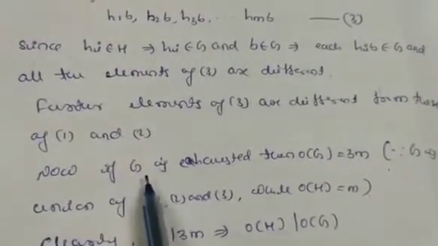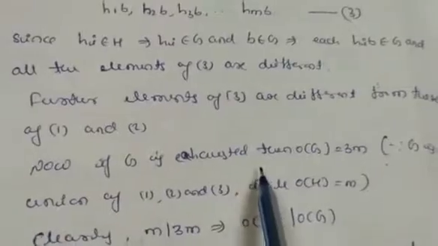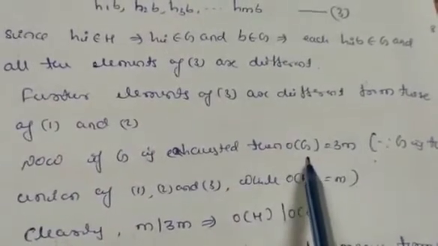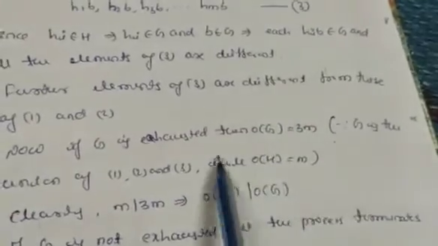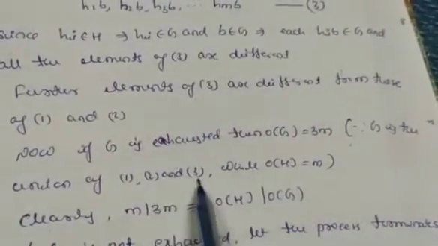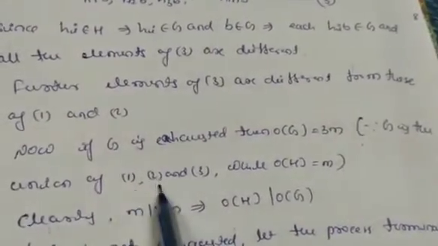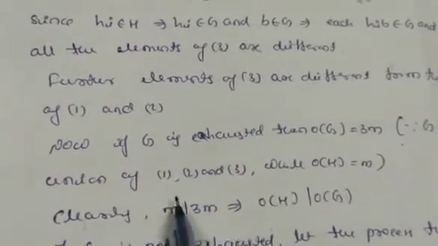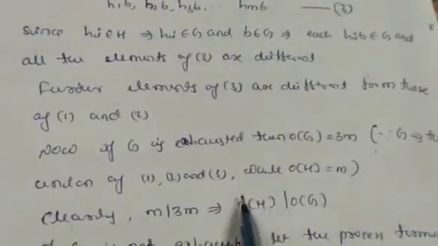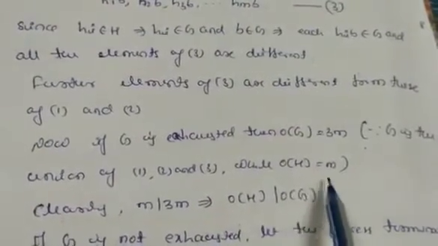Now G is exhausted, so the order of G is equal to 3m, the union of equations 1, 2 and 3. Equation 1 contains m elements, equation 2 contains m, and equation 3 also contains m elements. Therefore the order of G is equal to 3m.